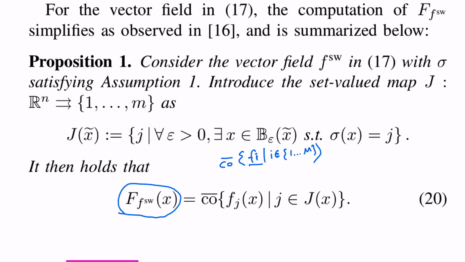We were basically saying that f1 to fm can all be active at any given point in state space. Here we are not saying that. We are saying that not all the functions will be active everywhere in the state space.